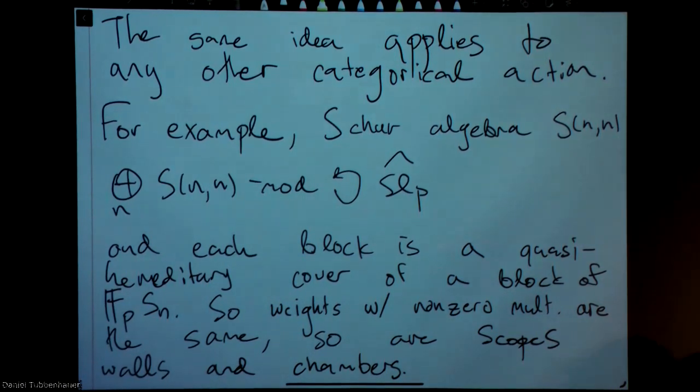That tells us that the weight spaces that have non-zero multiplicity are the same, right? Every non-zero block of the Schur algebra corresponds to a non-zero block of FpSm. So the Scopes chambers are the same. And the Chuang and Rouquier functor is an equivalence between blocks of FpSm if and only if it's an equivalence of abelian categories between blocks of the Schur algebra.